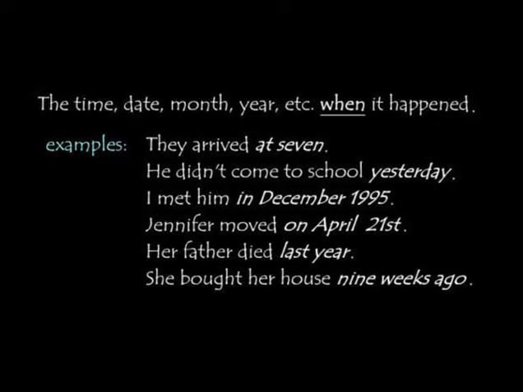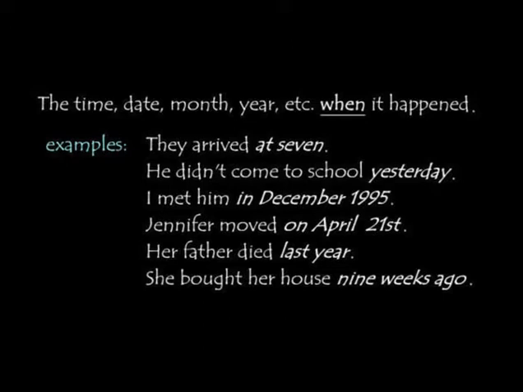Now the action of arriving was at 7 o'clock. I'm specifying a time. The simple past tense is usually associated with a time or a date or a month or a year, anything like that. They arrived at 7, verb in its past form, 7 telling you about the time, sentence becoming your simple past sentence.